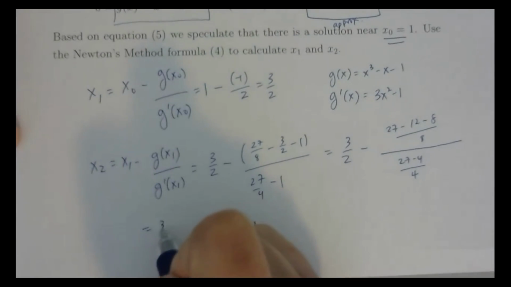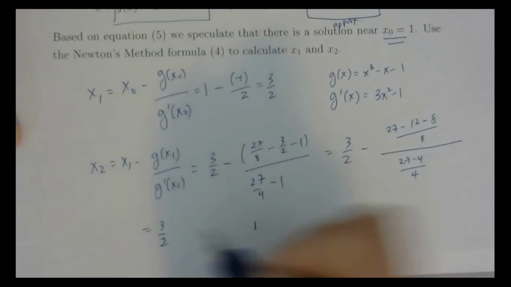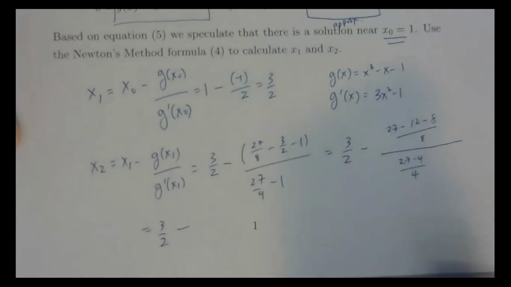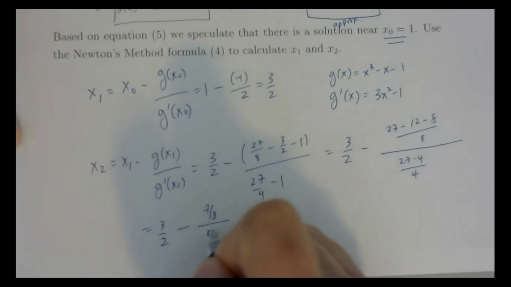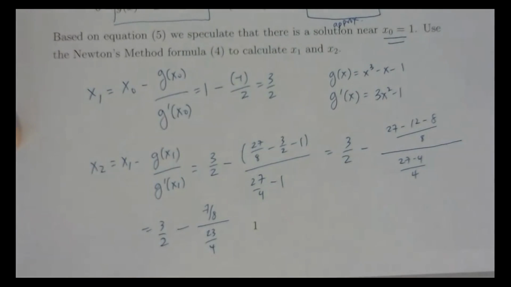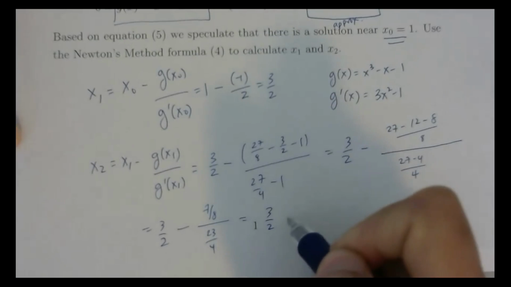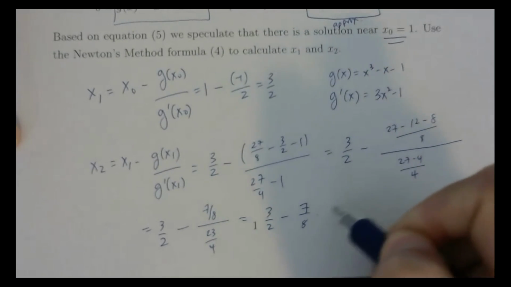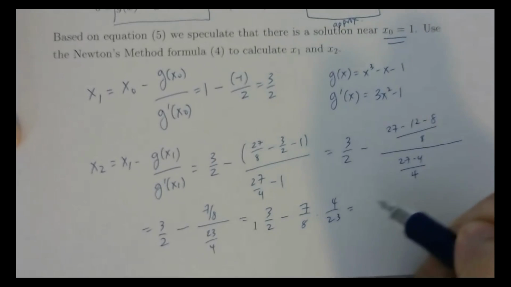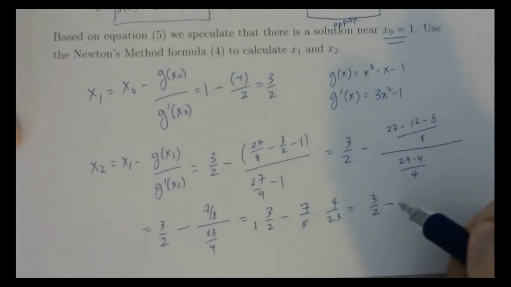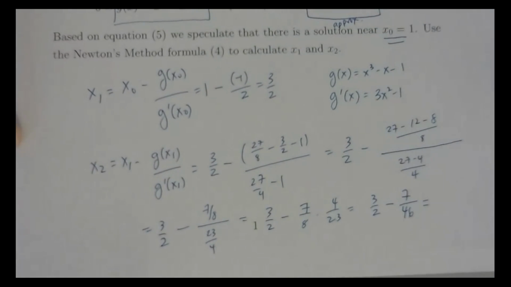So 3 halves minus, let's see, 27 minus 20, so 7 over 8, over 23 over 4. 3 halves minus 7 over 8 times 4 over 23, otherwise known as 3 halves minus 7 over, let's see, 2 times 23 is 46. So it's a number, right?